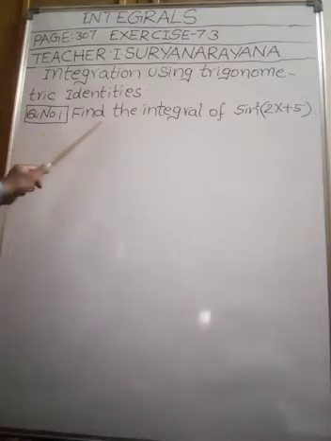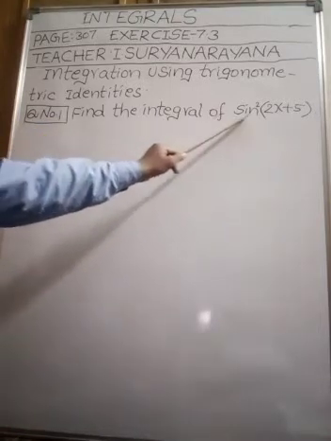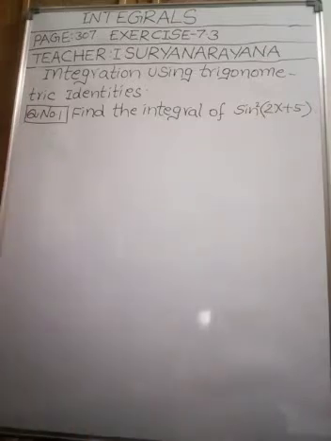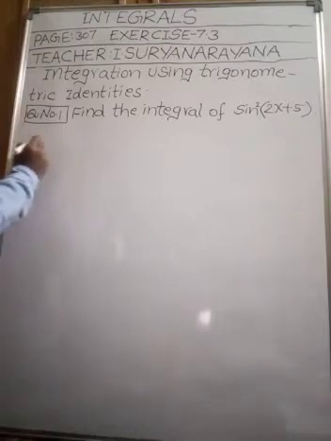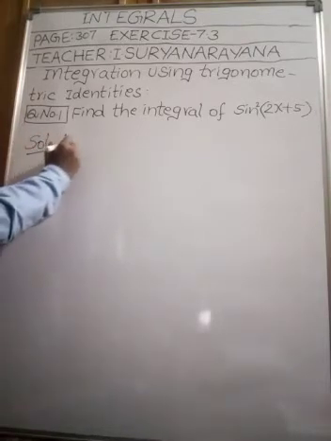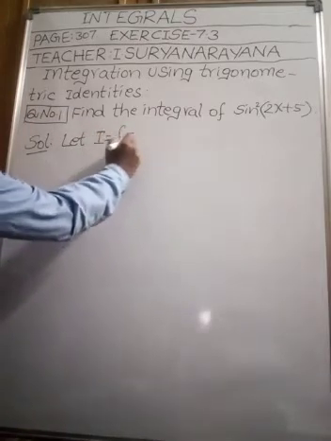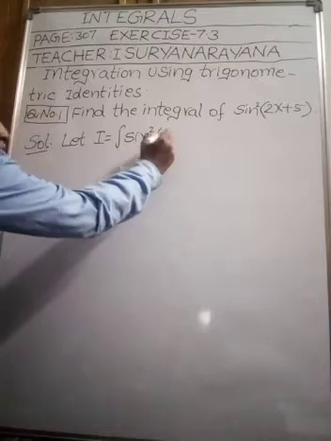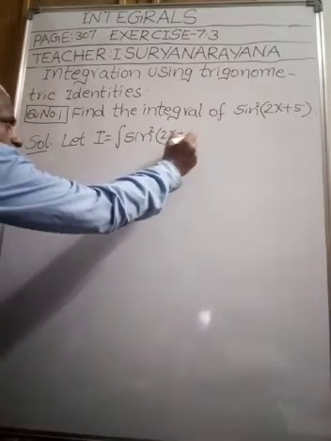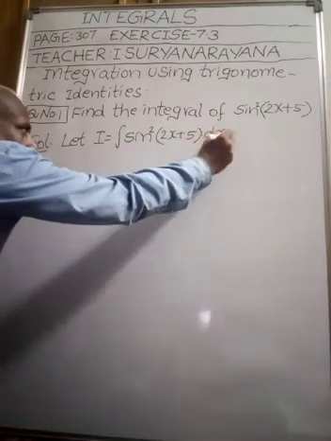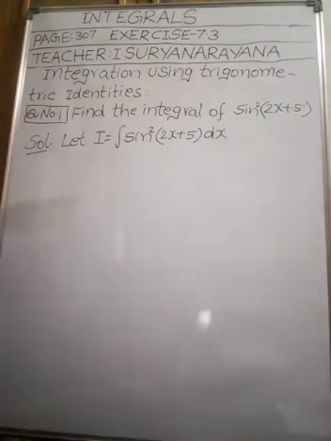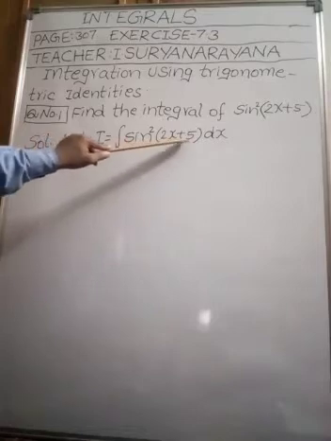Question number 1. Find the integral of sine square of 2x plus 5. Understood this question? Now come to the solution part. Let us assume that I is equal to the integral of sine square of 2x plus 5 dx.